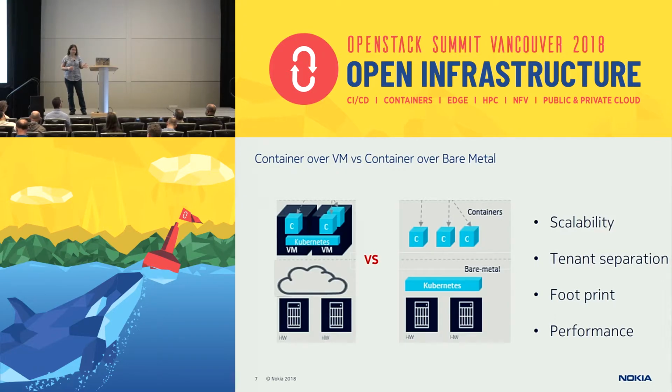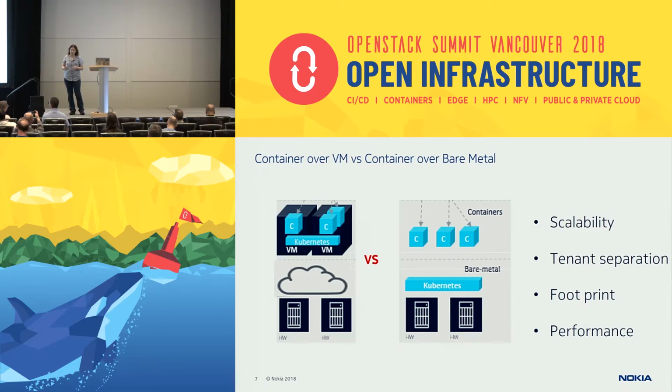When we use VMs, we surely have tenant separation. Although in containers we have network policies, in many cases people still trust the tenant separation of the VM more. The benefit of running over bare metal is that performance is, of course, the best.